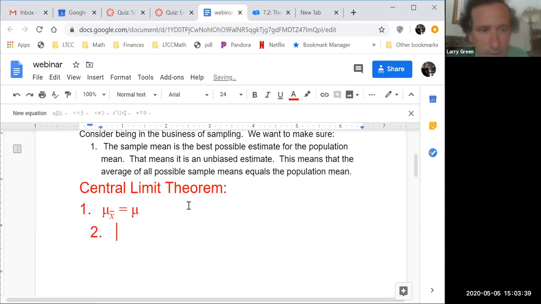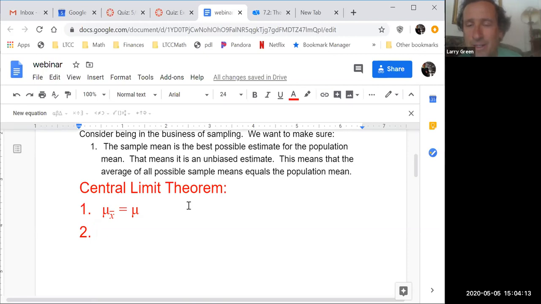Two. Not only do we want the sample mean to be an unbiased estimator, but we'd like it to be close to the population mean. The idea is we want it to not vary much from the population mean. And what do we call how much something varies from the mean?